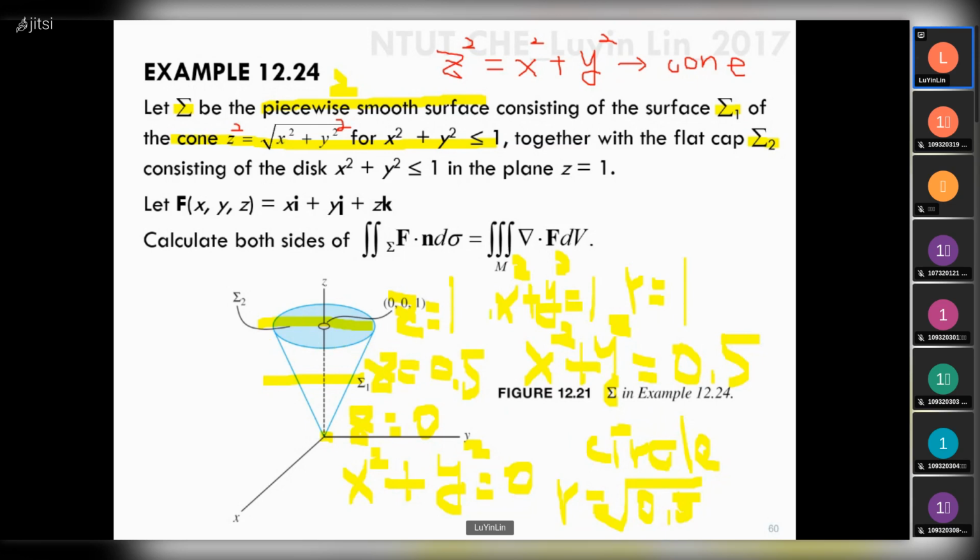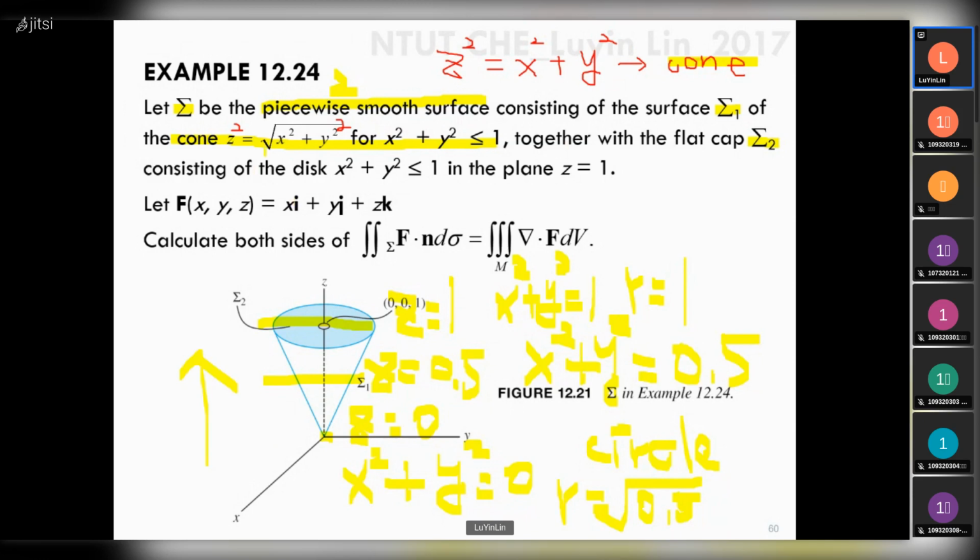They are all circles because x squared plus y squared. So at every plane of z, they are circles, but the radius becomes larger when z is larger, because the radius is z. So that is a cone. Please remember, this equation means a cone. The shape is a cone. Okay?